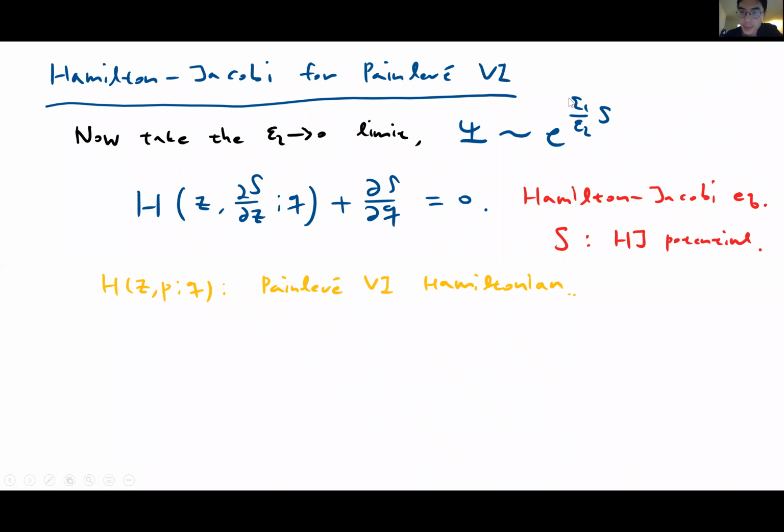So the free energy of the surface defect theory is identified with this Hamilton-Jacobi potential. You have to note that S is a purely quantum object, but it's identified with a purely classical object here. So in this sense, it's quantum-classical duality.